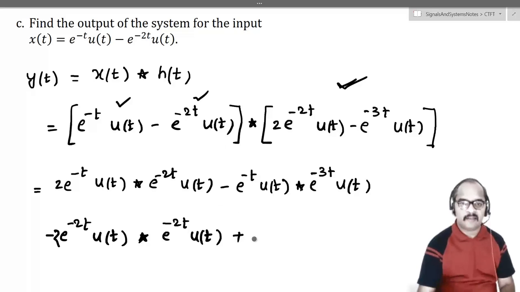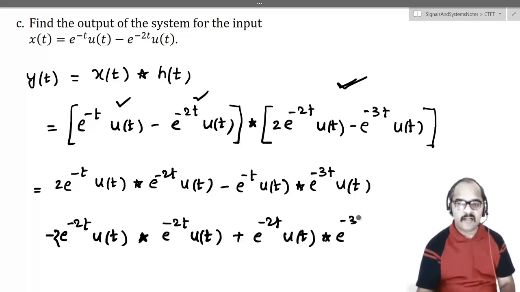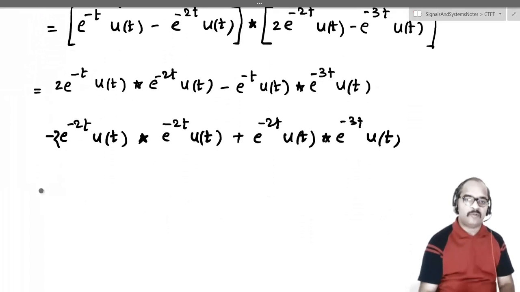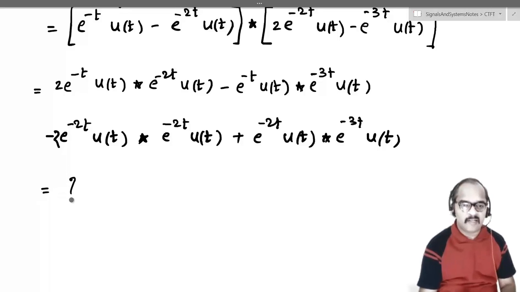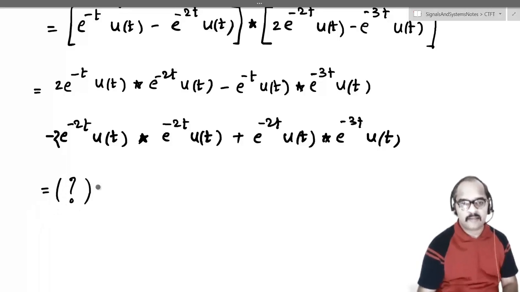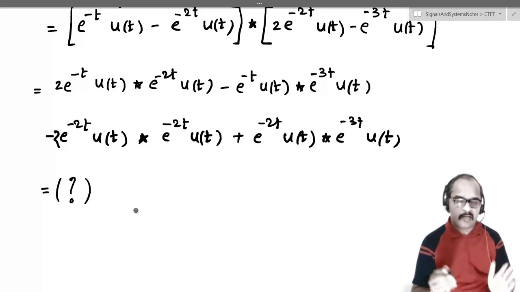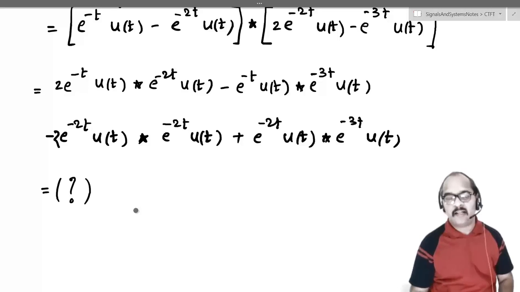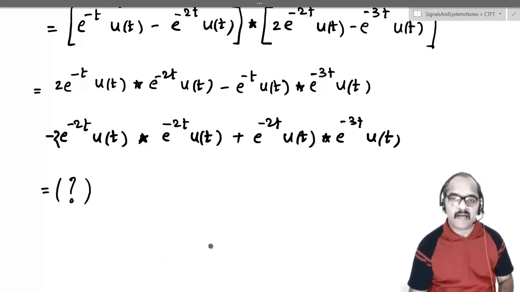You get plus e power minus 2t u of t convolved with e power minus 3t u of t. These results we already know, so just substitute everything and please do it as homework. For the final result, please bring the common terms together and then make it very compact.